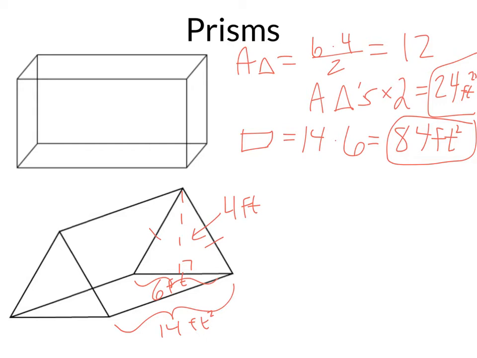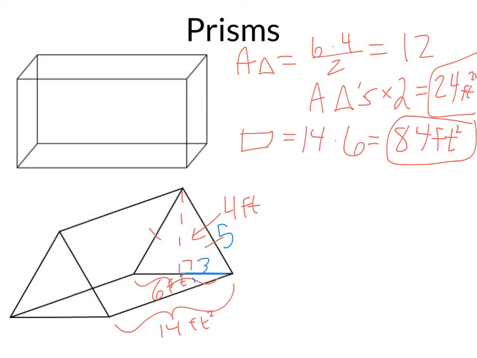Okay, so let's think about the other two rectangles we have there. This is actually something we haven't learned yet. Since this is isosceles, this is going to be 3 feet down there. Just this half right there that I outlined in blue. It's called a 3, 4, and then that hypotenuse there, another word we don't really know too well, maybe you know it, is 5. 3, 4, 5 triangle.